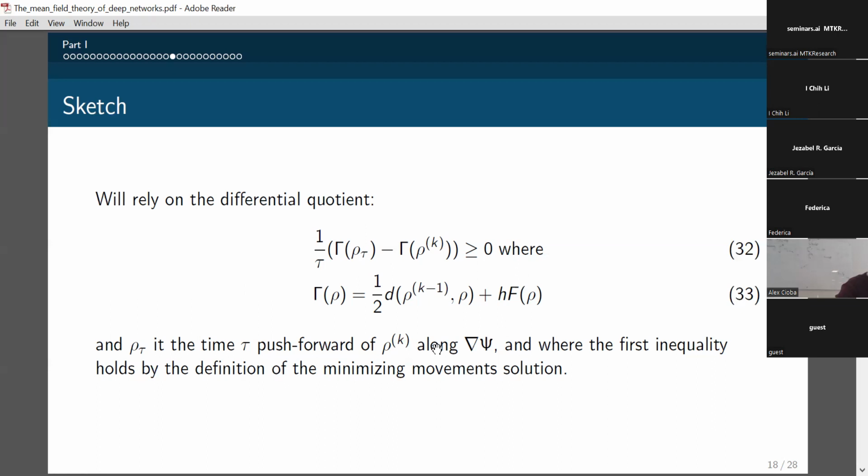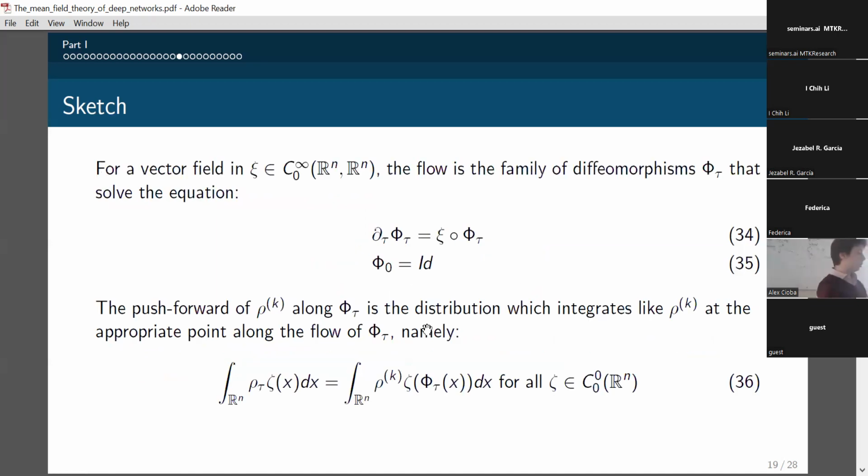So in particular, this holds for anything that is a variation of rho_k or a push forward of rho_k along some sort of vector field. So what is a push forward? We'll talk about it immediately.